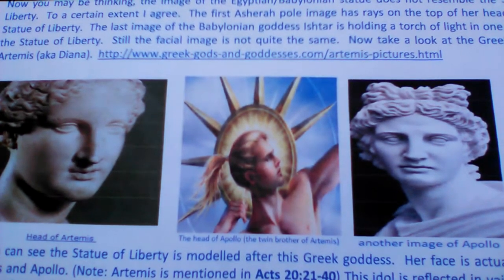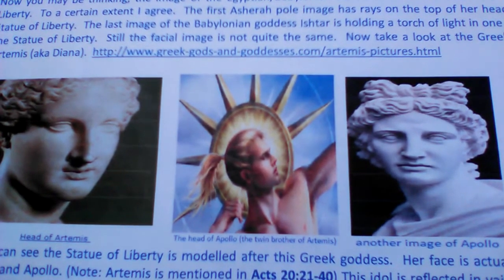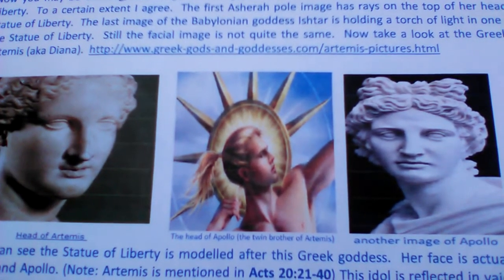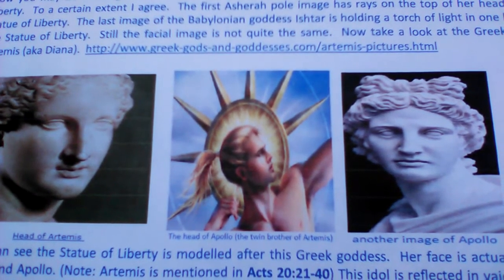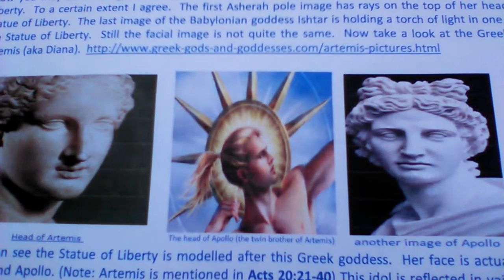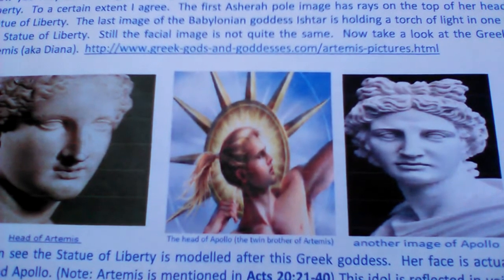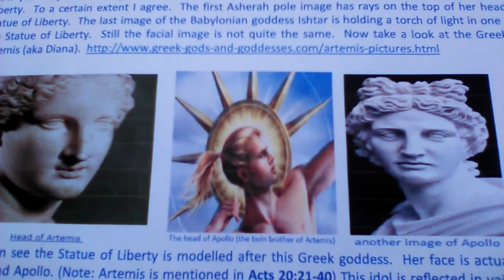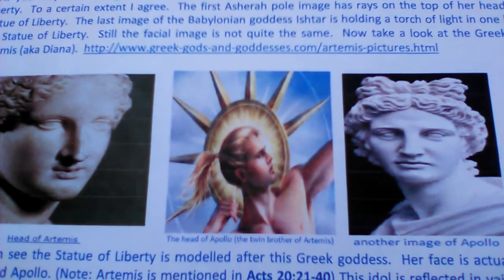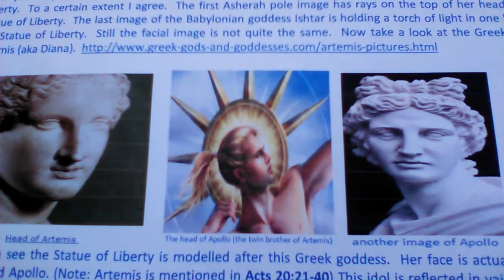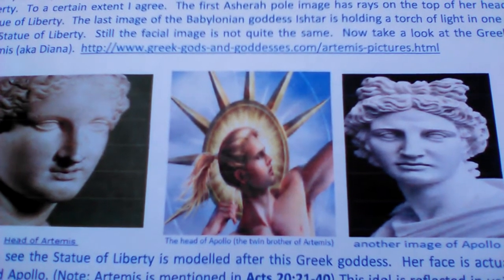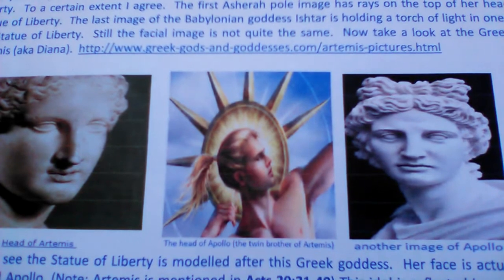And ironically, there's a movie coming out called Artemis Fowl. Anyway, that's what she's known as in Greek mythology. In Roman mythology, she's known as Diana. Now, as you can see, the image in the middle, Apollo is the brother of Artemis, and he has those light rays coming from his head. But you can see facially, she is identical to the Statue of Liberty.